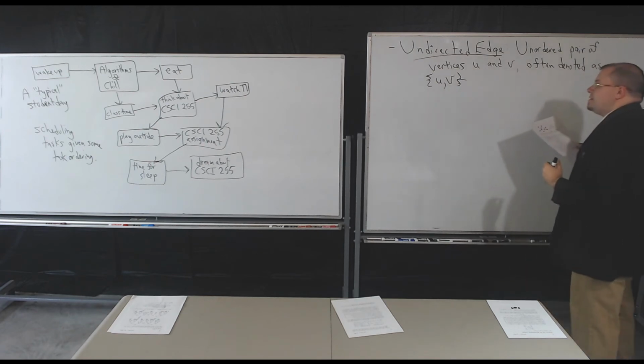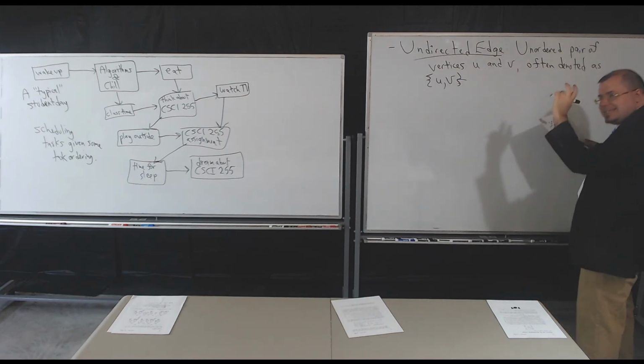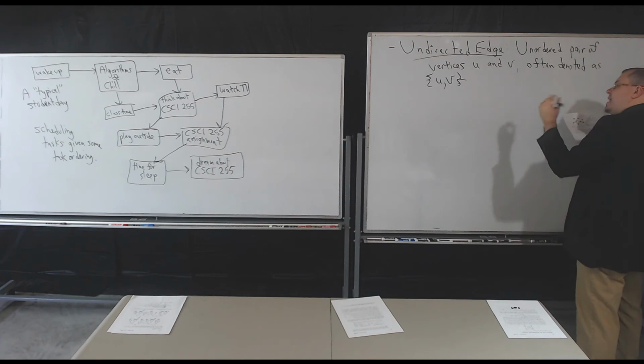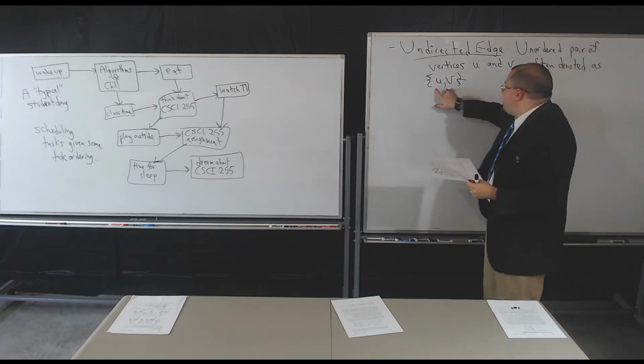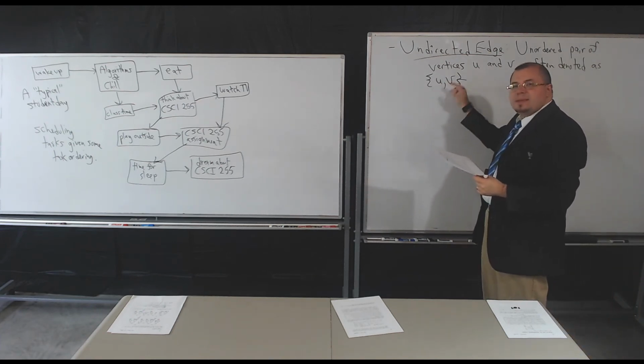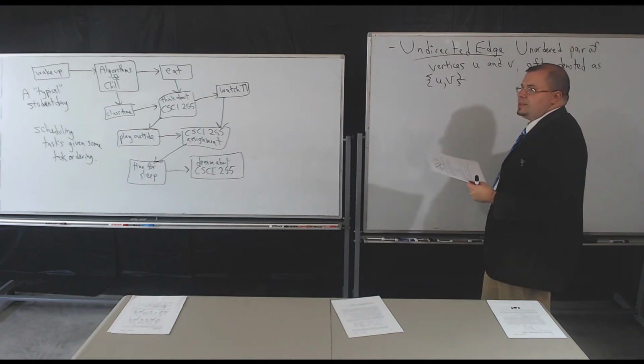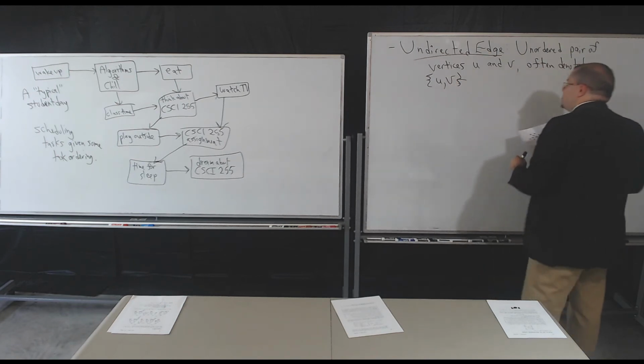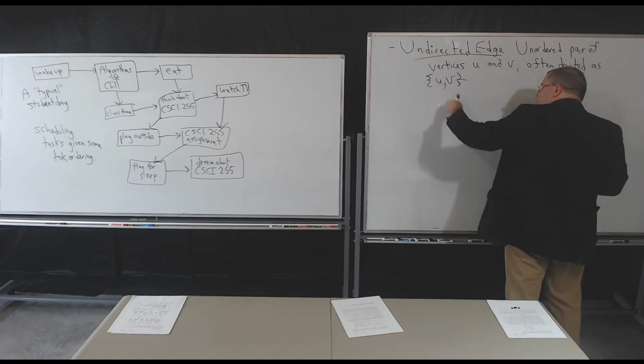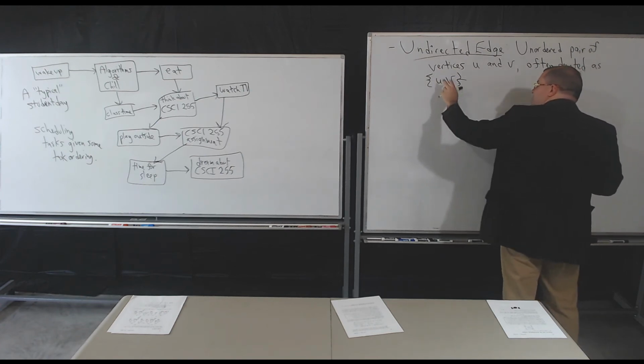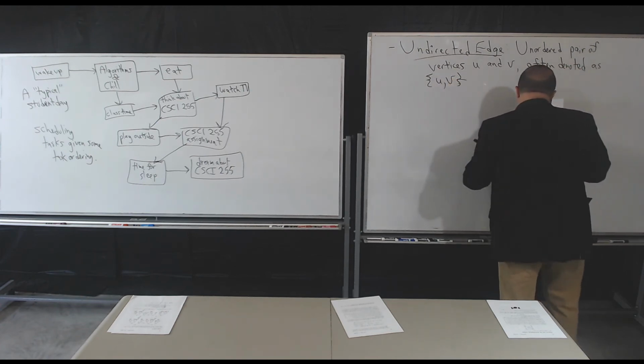These curly braces are notation from set theory. This is just saying that if I switch these two around, it doesn't make any difference to what the edge is. If I wrote down {V, U} with the curly braces, it means the exact same thing as {U, V}.